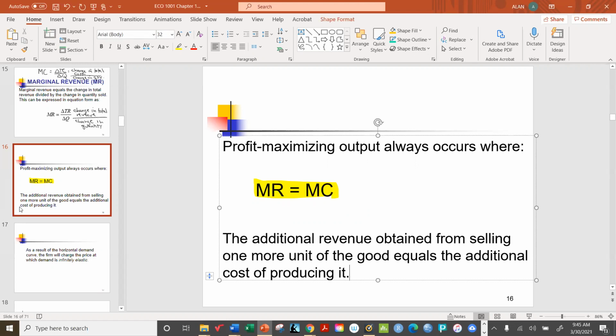And again, this is something that needs a lot of explanation. And that's exactly what we're going to do, just not today. But just keep in mind that no matter what market structure we're looking at, this is always the same. Marginal revenue equals marginal cost is where you want to produce your product and what you want to charge for it, to make sure that you maximize your profits.